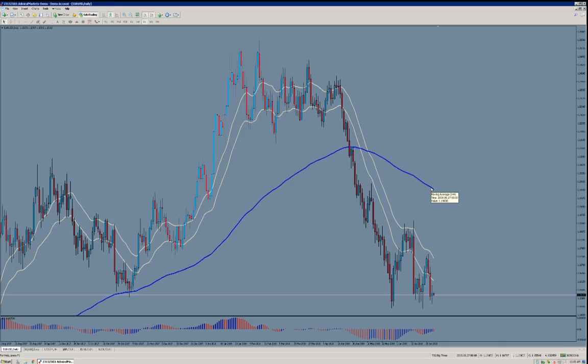If I would specify the period to say, okay, use the last 500 candles, then this would be even more smoothed out, and it would be slower to respond to price.